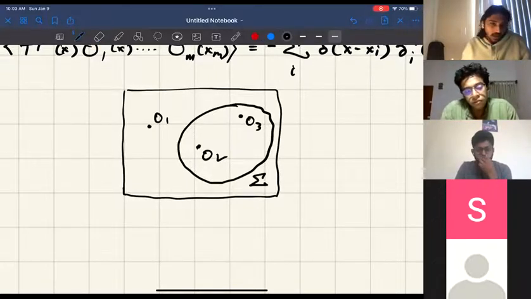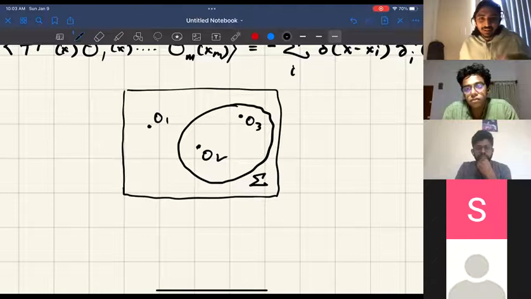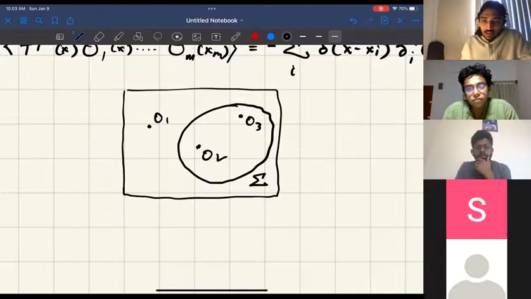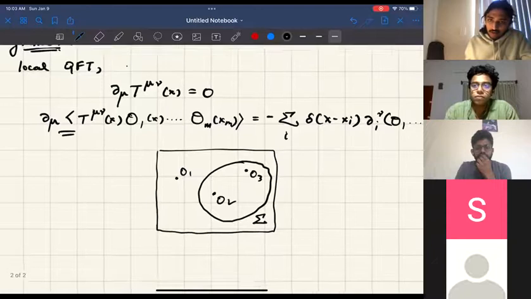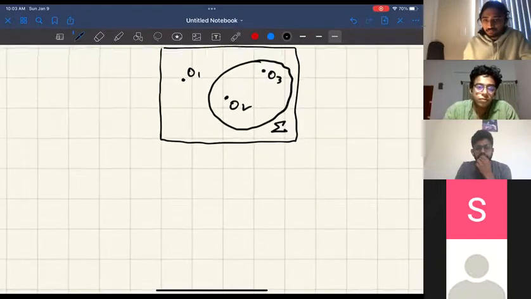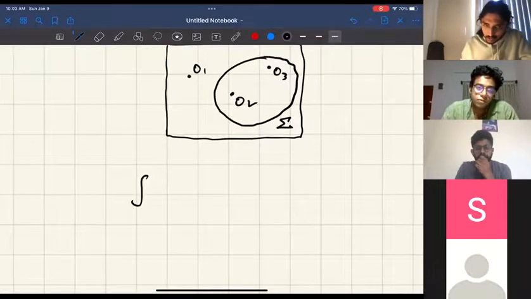I'll probably find a good place to stop at. This is not really a good place to stop, so I'll just continue. So you have this, and so we integrate this previous equation over this ball. And what do we get?